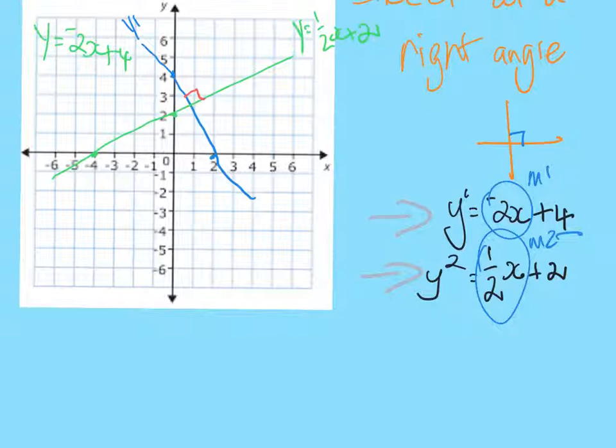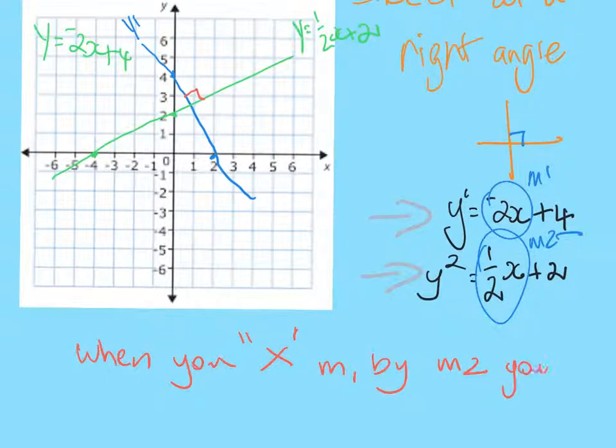So what we need to understand is when you multiply M1 by M2, you obtain a negative 1.